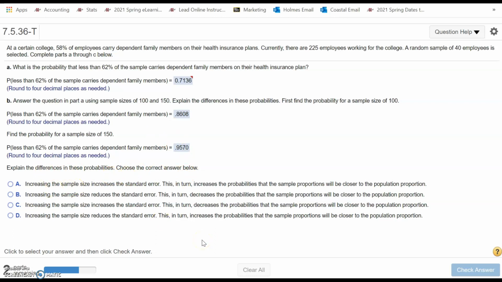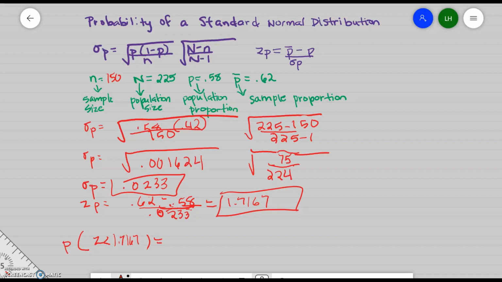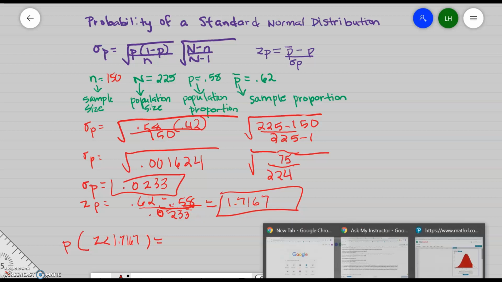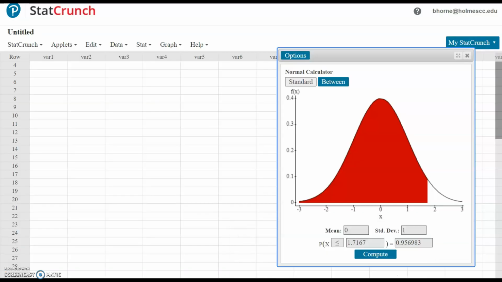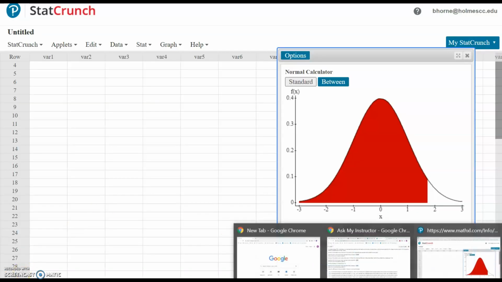So increasing the sample size, okay? Increasing the sample size, if we look at this, you can see that the z values, let me pause it for a second.